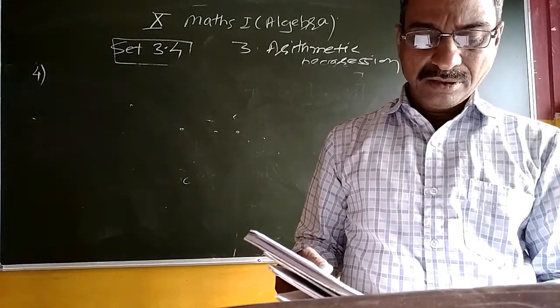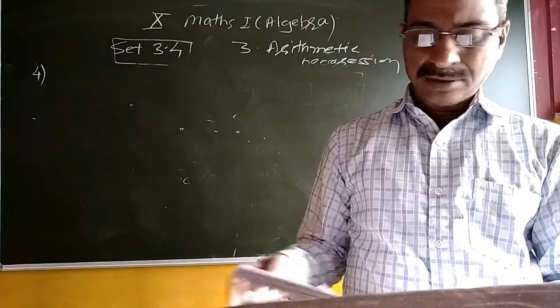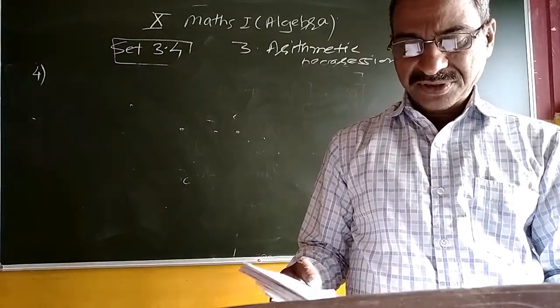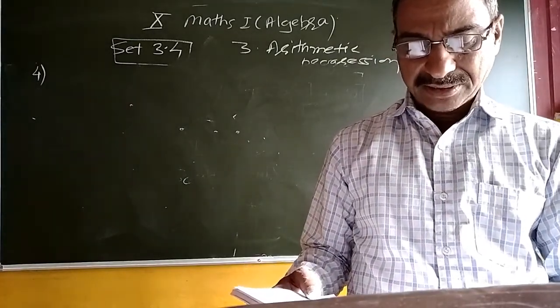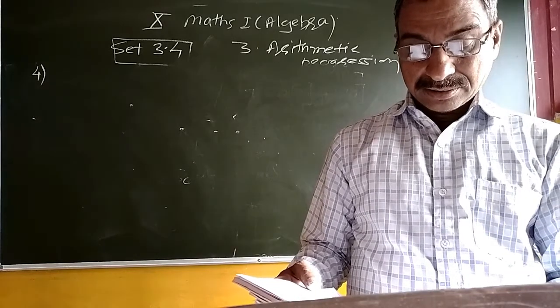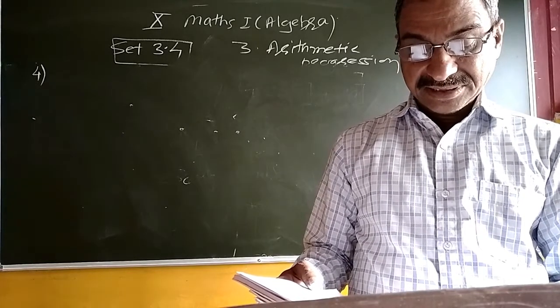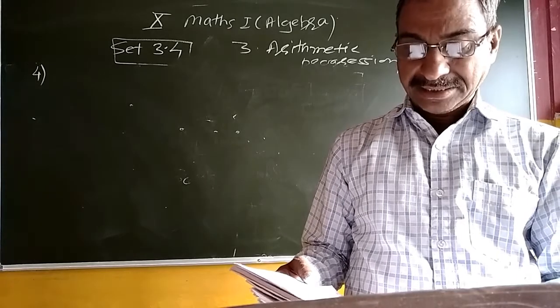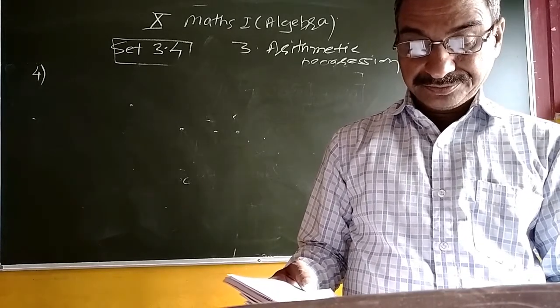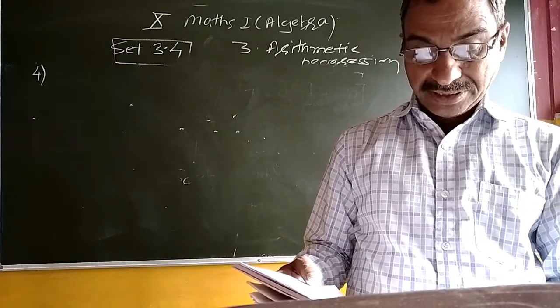Means in the auditorium there are rows. In the first row, how many seats? There are 20 seats in the first row, then increasing. How many rows are there? 27.